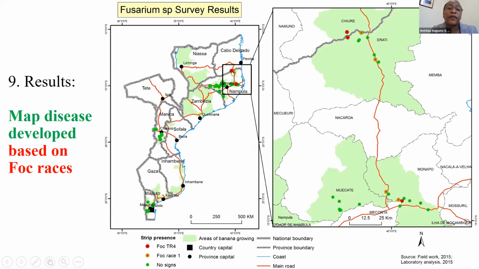And this farm in Cabo Delgado province, the proprietary is the same. So all the farms are infected by Foc R4T, but we also have Foc R1.